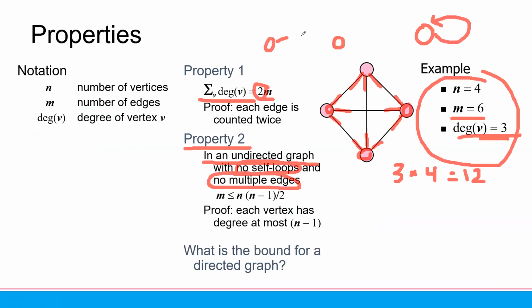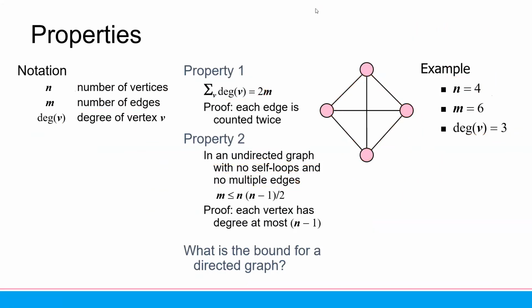So if we have 2 nodes, we could otherwise have this kind of parallel edges. So with this assumption, property number 2, we have no self-loop and no multiple edges. Then in that case, you can have this property: m is less than or equal to n multiplied by n minus 1, divided by 2.